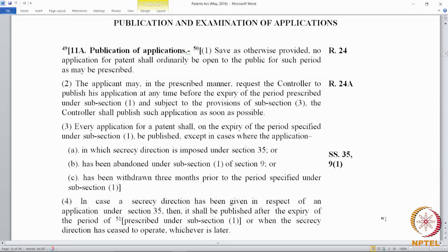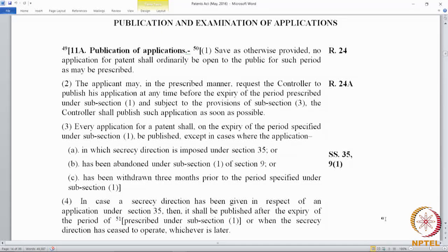The reason being that your own application, if published prior in time, can kill the novelty of your applications which you file in other jurisdictions. So, the logic of the 18-month period is that you get enough time to have your applications in place before the first publication happens.